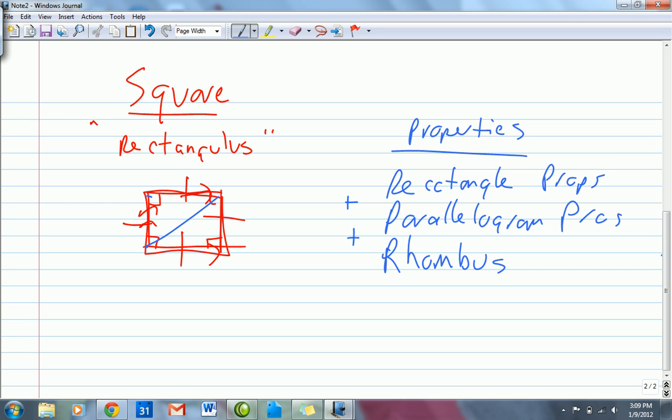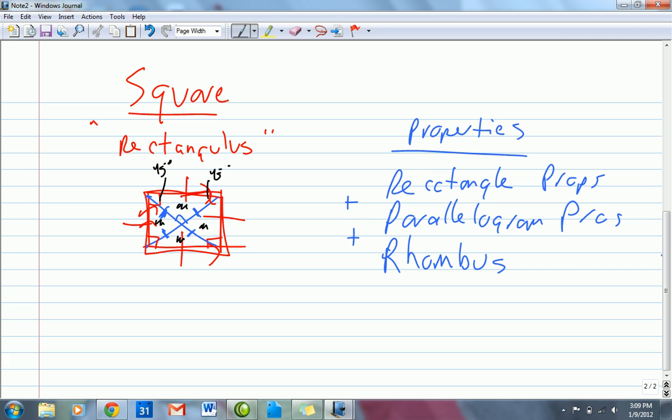So here are the diagonals, which are congruent and perpendicular, and they bisect each other. If this angle is 90 here, then each of these angles has to be 45, because those are four congruent triangles, 1, 2, 3, and 4. And they're also isosceles right triangles, so we have 45-45-90s. So all the properties that we could possibly imagine occur within a square.